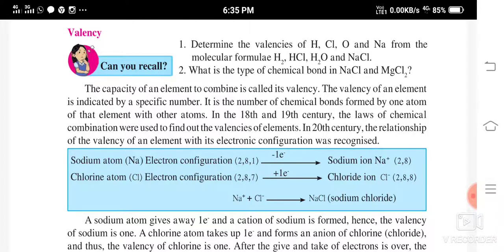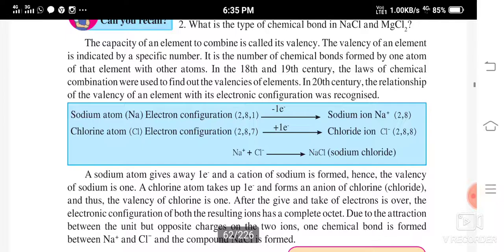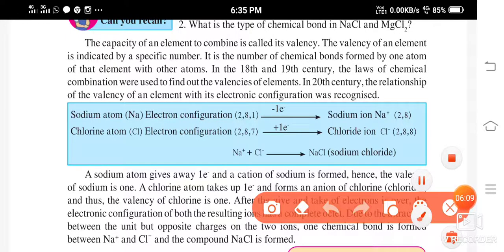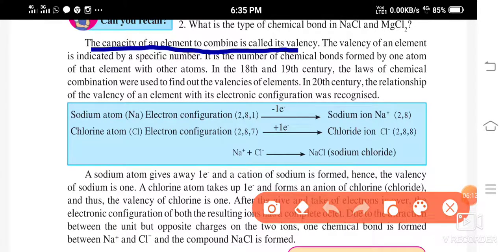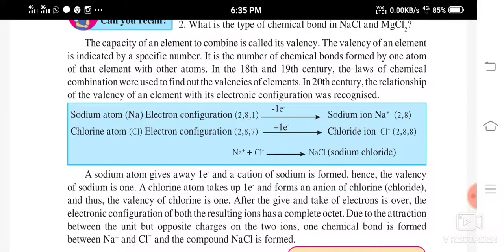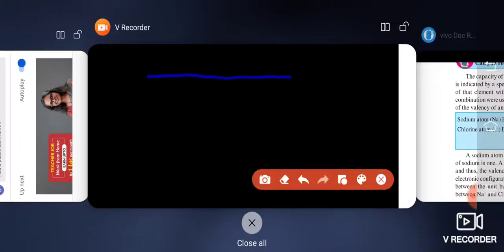The capacity of an element to combine is called its valency. So what is this valency? You have already studied the definition once again. The capacity of an element to combine is called its valency, that is, how much an element is going to combine.